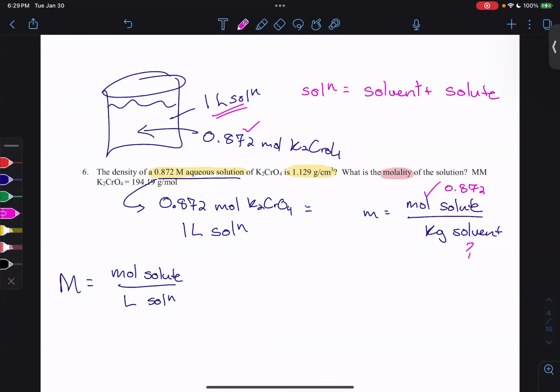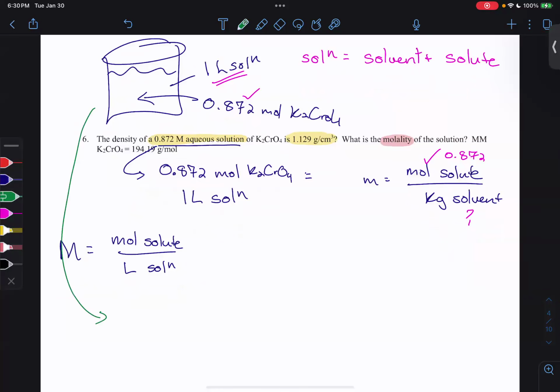Solvent and your solute, all right? So when I say volume of solution, I'm actually talking about the volume of both the solvent and the solute. So this is where the density comes into play. I have the liter amount of solution. In 1 liter of this solution, we see the density given here.